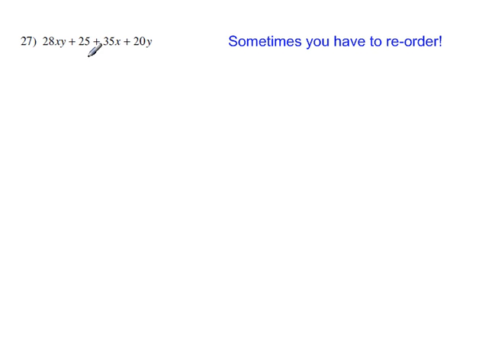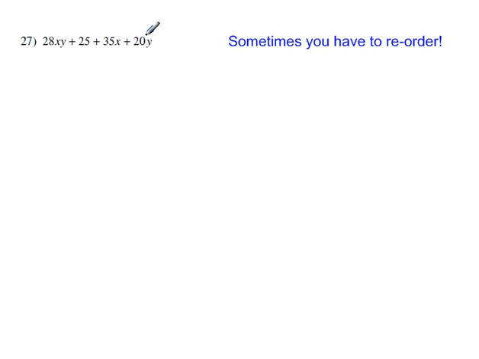This is a constant. Over here you have an x, you have a y. So you're trying to reorder these in a way that you can pull something out and have the same result. You can get those parentheses that are the same in your two binomials. And this takes practice more than anything else. This is very much a puzzle.